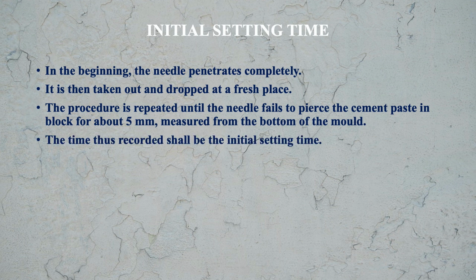The time thus recorded shall be the initial setting time. Means we will be noting time and trying by releasing the pin and observing that the penetration from the bottom should be 5 mm. When this condition is achieved, that time is noted and reported as the initial setting time.